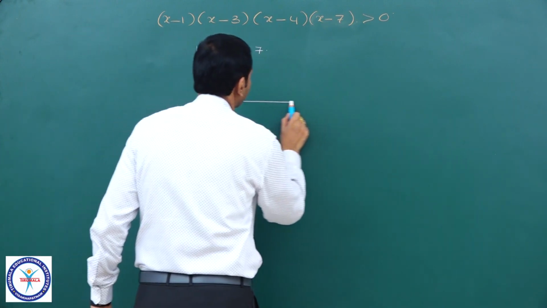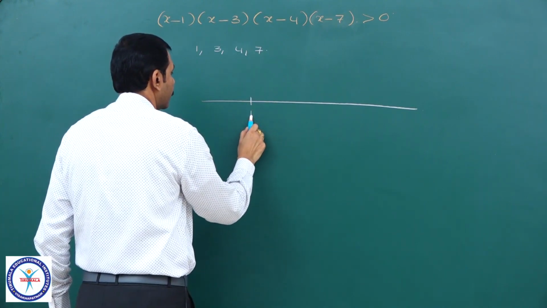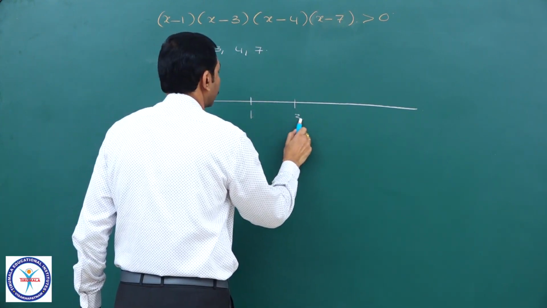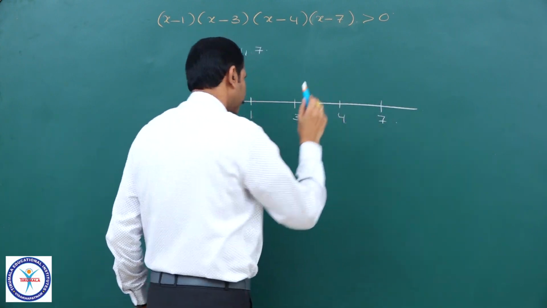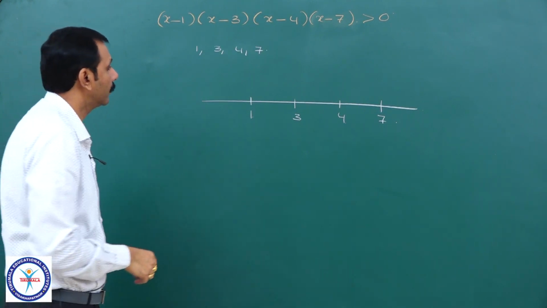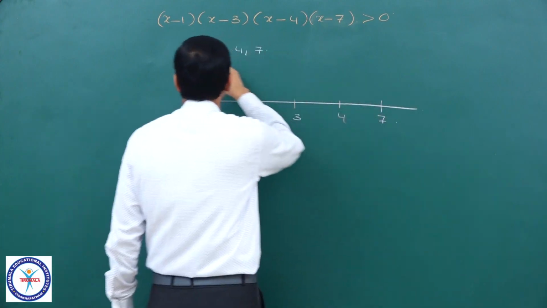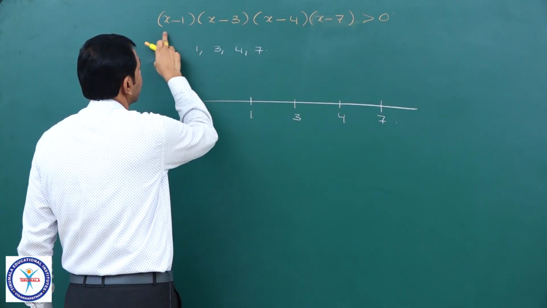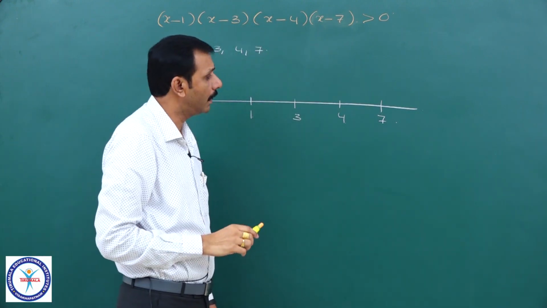Mark all these on the real line. Here it is 1, here it is 3, here it is 4, here it is 7. Extreme right means after 7, because it is of the form x minus alpha, x minus beta, x minus gamma and so on.